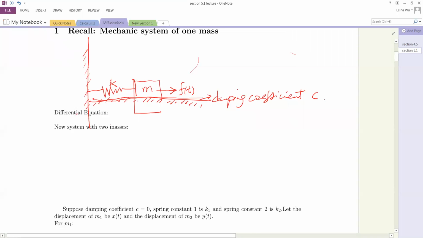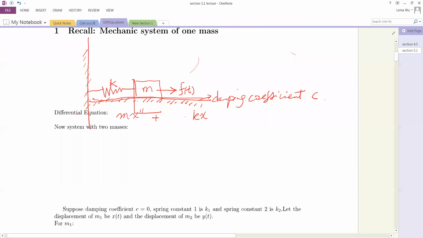So what's the differential equation that models what happens to this mass? It's m x double prime, where x is the displacement of the mass, plus k x. k is about the spring, so the spring is only related to the actual displacement.